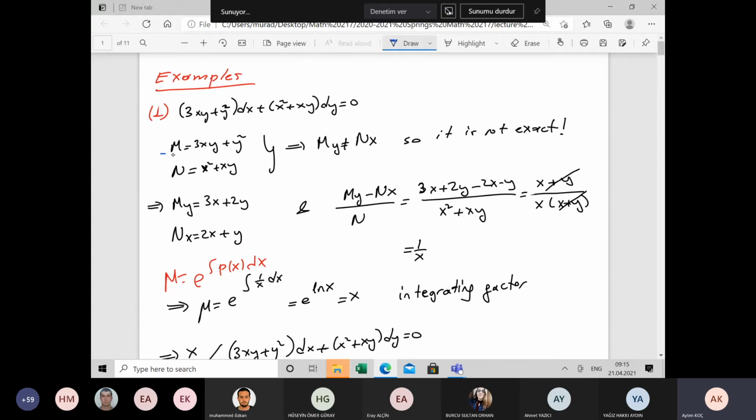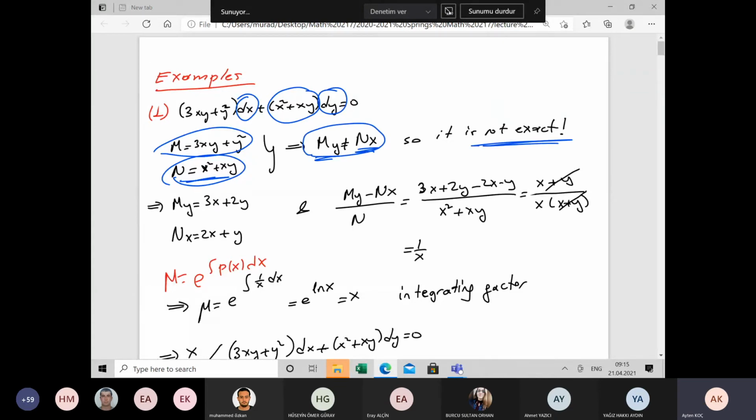Take the coefficient of dx and take the derivative with respect to y. Take the coefficient of dy and take the derivative with respect to x. Compute: this one is not equal, so not exact.